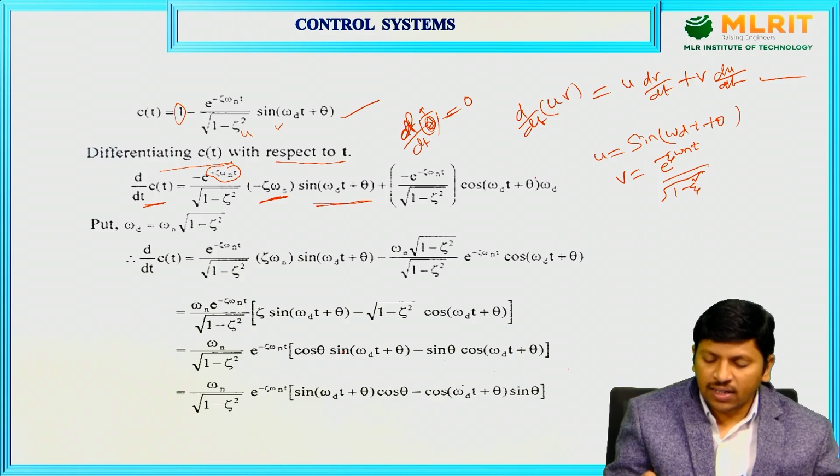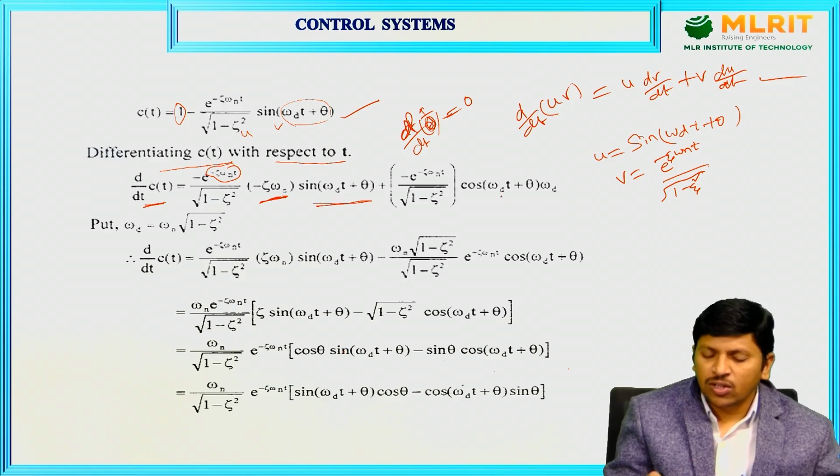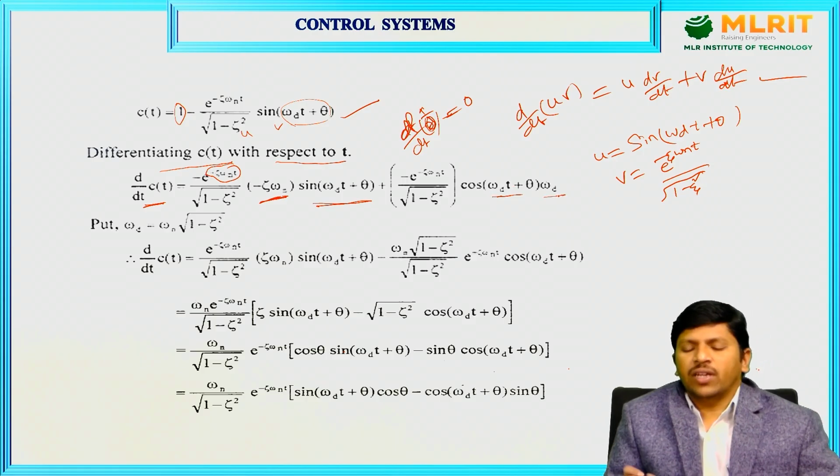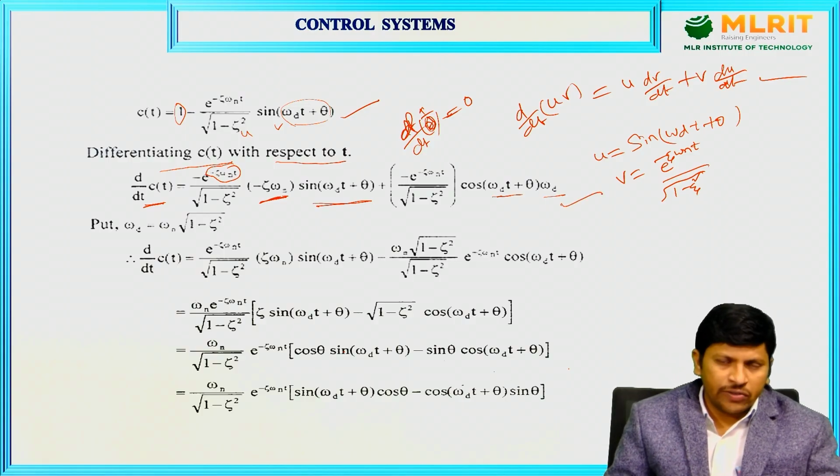Next, again in this term, the sine theta derivative is cos theta, and in place of theta we have a t term, so t is there. So now again the derivative of this t term: theta is 0, so omega dt, t is 1, so we get omega d into omega d. So this is differentiating the equation form.